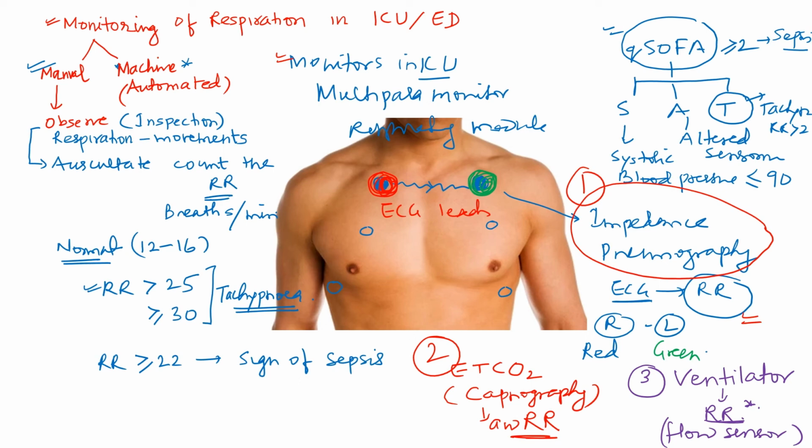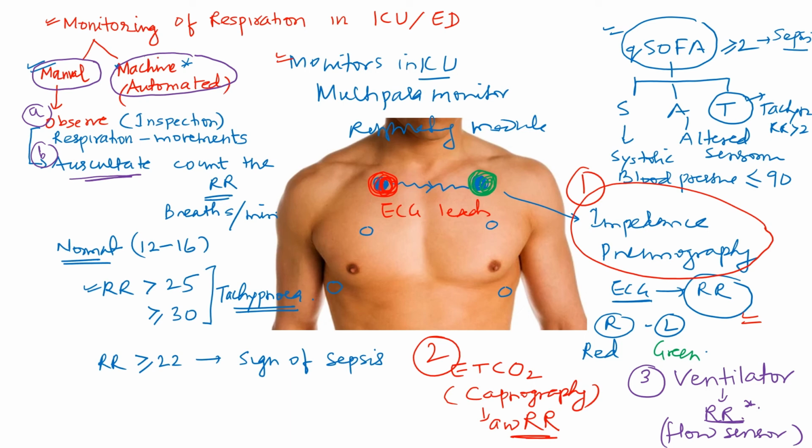So we have discussed so far that there are 2 techniques of monitoring of respiratory rate: manual and machine. Machine means automated. Manual we can do in 2 ways: A, observation, that is inspection, or B, auscultation, using the stethoscope and counting the respiratory rate. And the second way is machine.